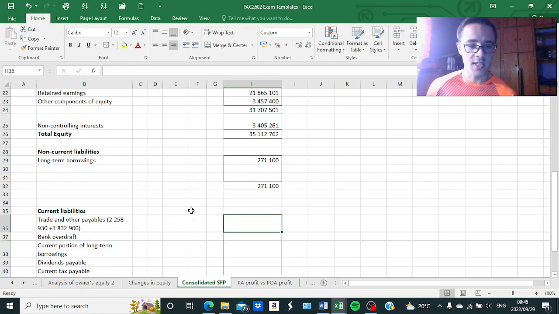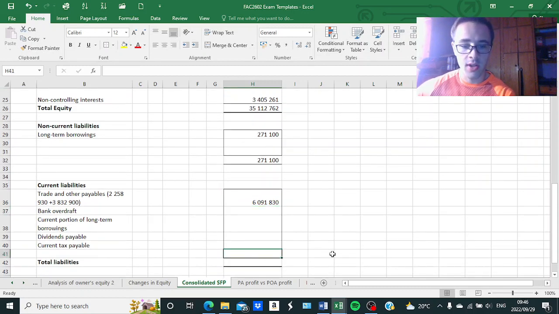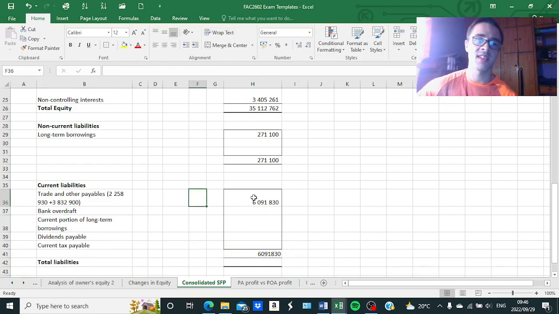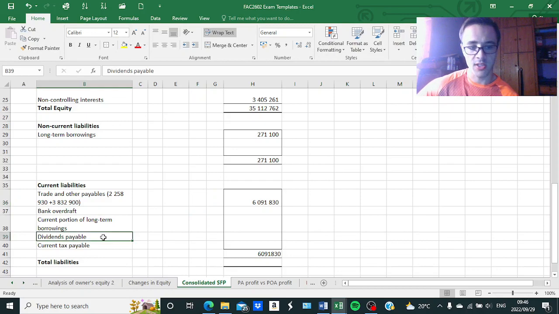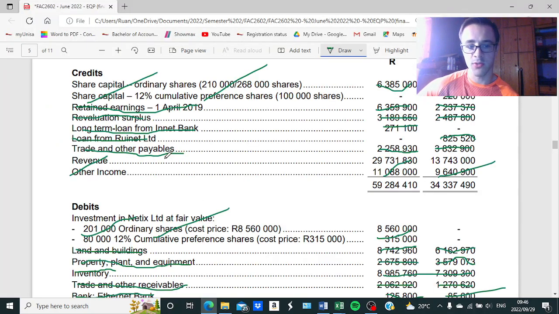Okay, which is 930 plus 3,832,900. So that will give you 6,091,830. Okay, so your total current liabilities would be 6,091,830. Remember, there are no dividends payable. Okay, those dividends have been declared and they have been paid to the shareholders. Okay, so no dividends payable. There's no balance for dividends payable.